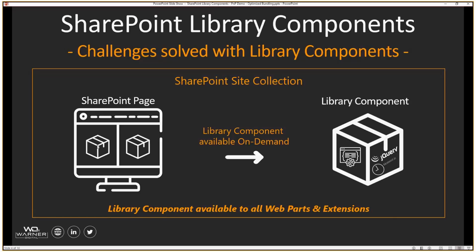Typically, these would be bundled directly within our web part or extension, or we would reference them externally, maybe in a CDN we don't own, or in a SharePoint library that could accidentally be deleted. This allows us to package it all up and have it stored in our SharePoint tenancy, available for all site collections and all web parts and extensions we build.